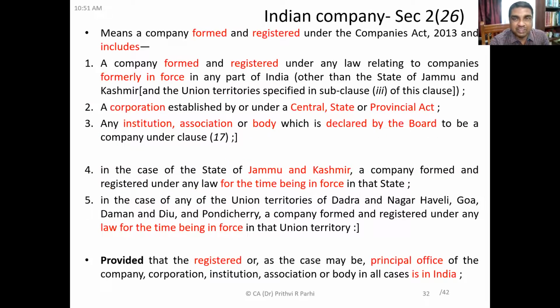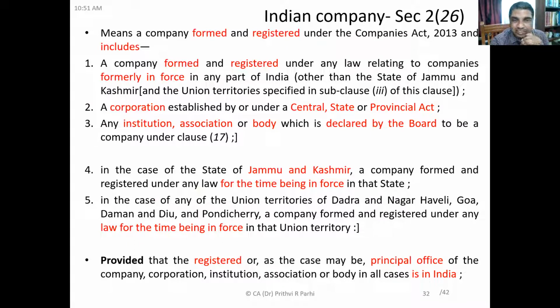Having understood this, we also need to understand the meaning of Indian company. Indian company is defined under Section 2, Clause 26, and means a company formed and registered under Companies Act 2013, and includes a company formed and registered under any law formerly in force.